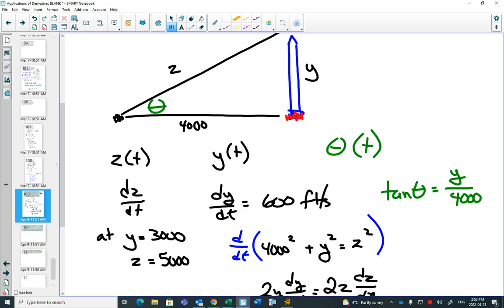And then we could take the derivative with respect to time of this. What's the derivative of tan? Secant squared. So you would get secant squared theta times d theta/dt equals 1 over 4,000 dy/dt.